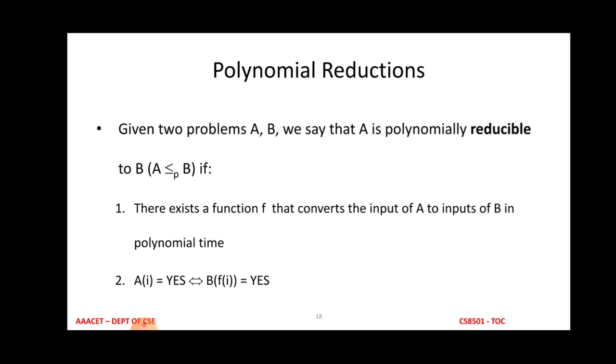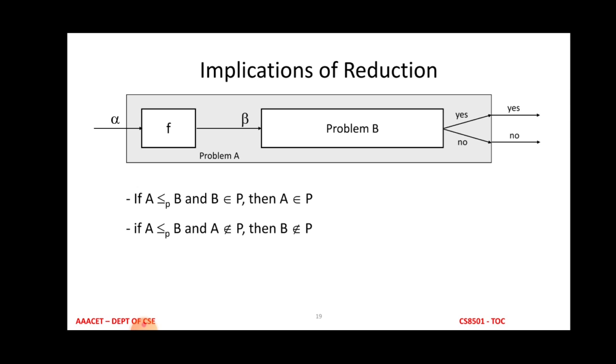So what is polynomial reduction? Consider the two given problems, capital A and capital B. Here we can say that the given problem A is polynomially reducible to B. It can be written as A less than or equal to P, that is polynomial, B. So the same here: if problem A is polynomially reducible to B, then it can be written as A less than or equal to B, and if B belongs to P, then A belongs to P, right?